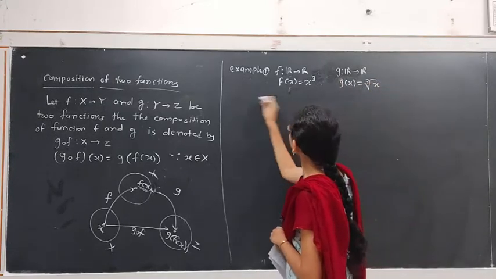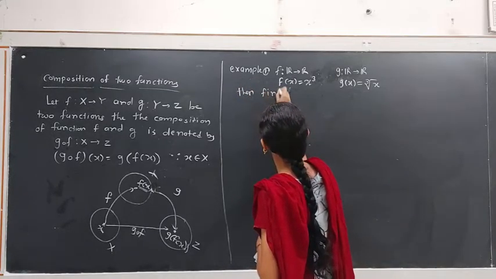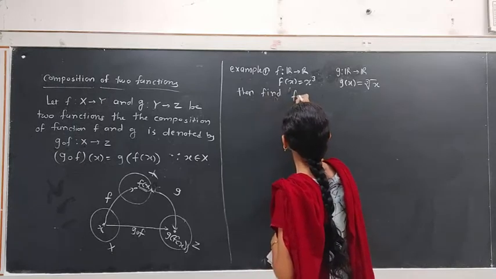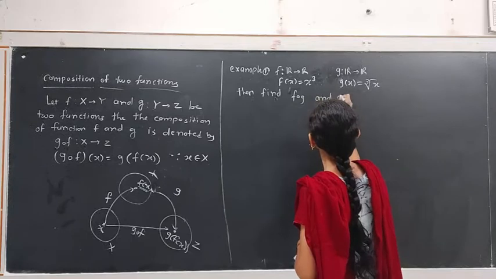Then find f∘g, the composition of f and g, and g∘f.